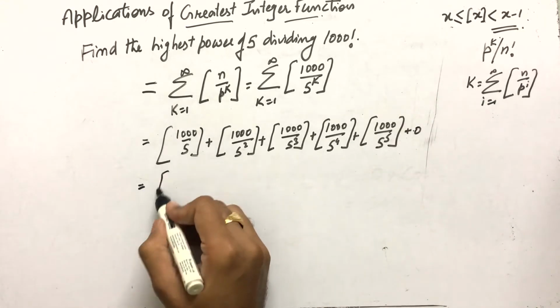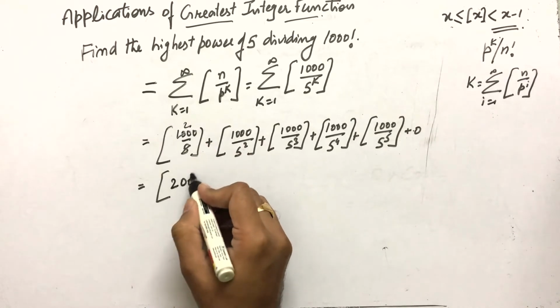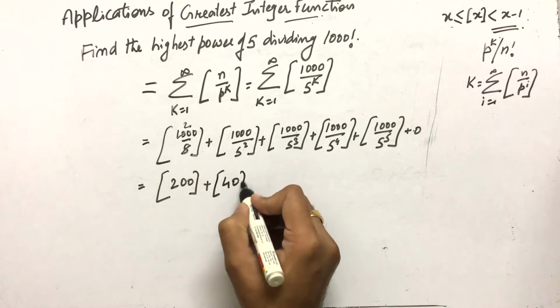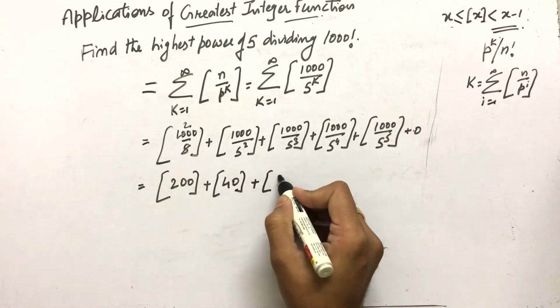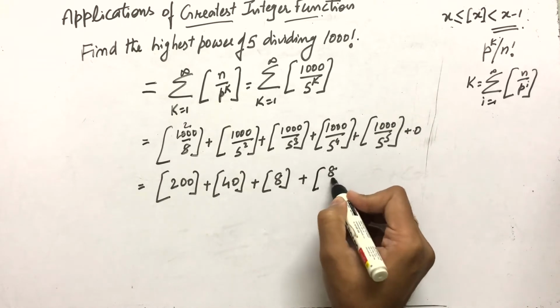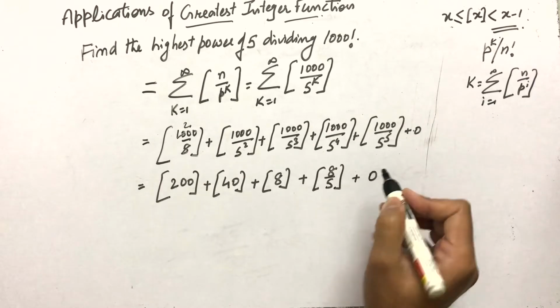And here we can easily divide this. This is 200, and here this is 40, plus 8, and here we are left with 8 by 5, and the value of this is 1.